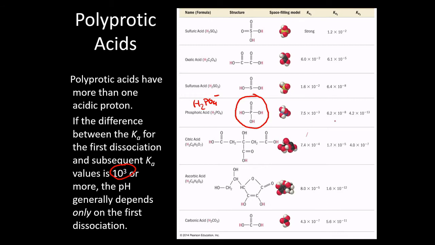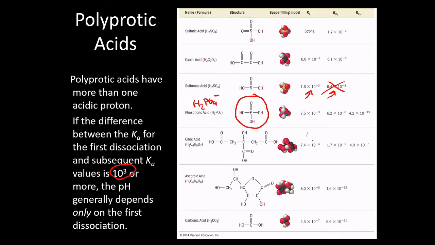So for example here, going from the first deprotonation of sulfurous acid to the second deprotonation, there's 6 orders of magnitude difference, because we have -2 and we have -8. And because there's such a huge difference here, the first deprotonation is going to be the key one, and we're just going to ignore the second one.